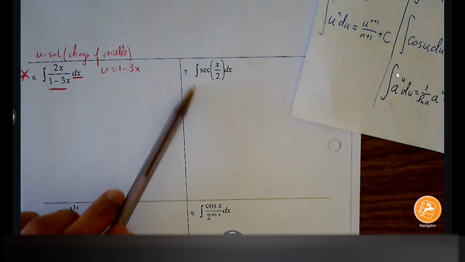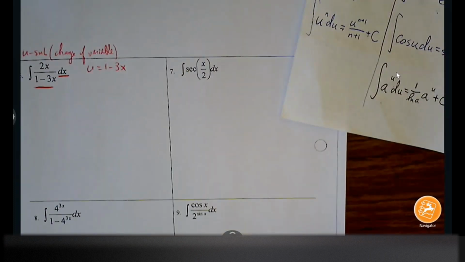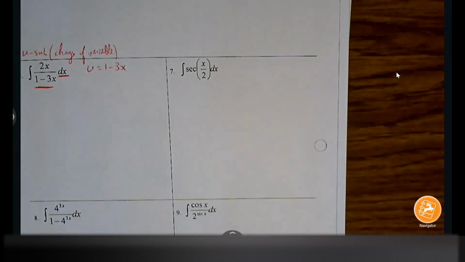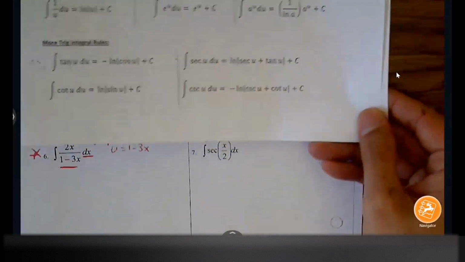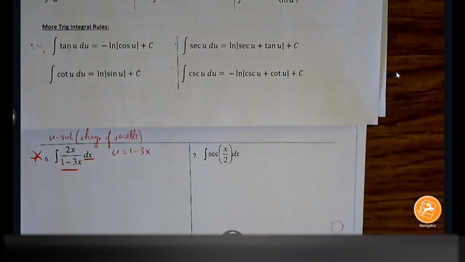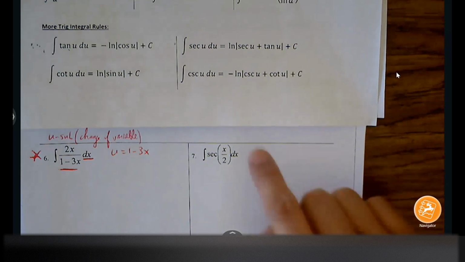All right, number 7. Does it look like a rule that we can use? Would it be the third rule? Yeah.